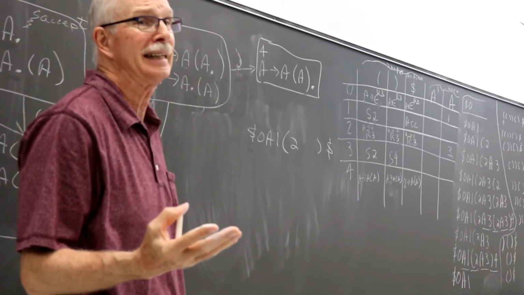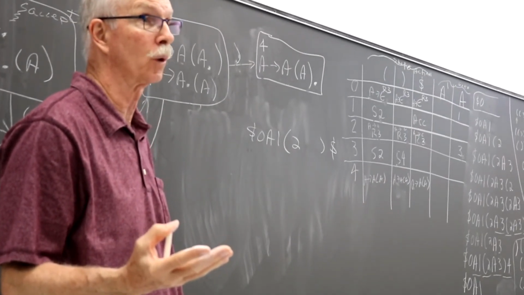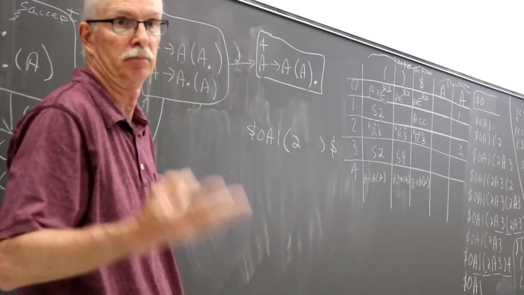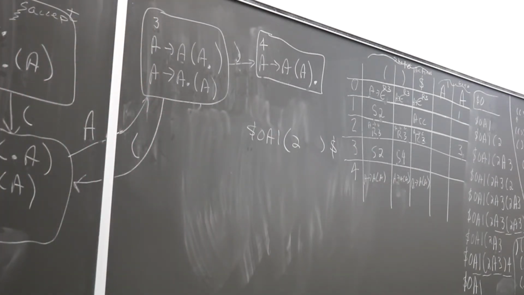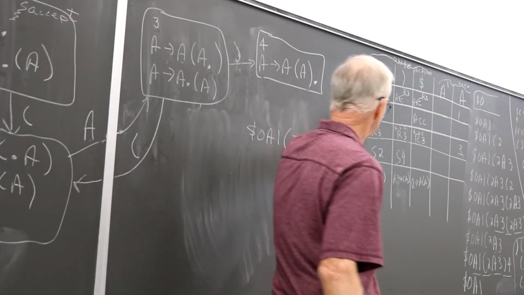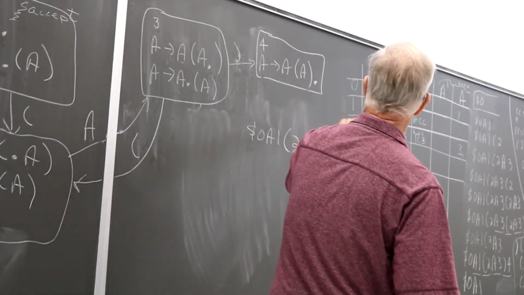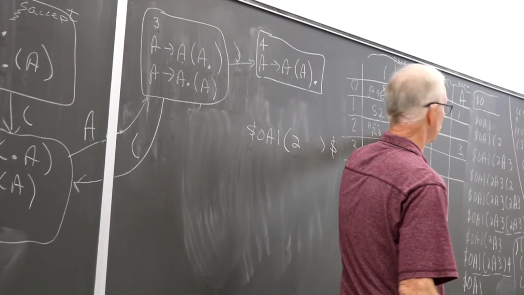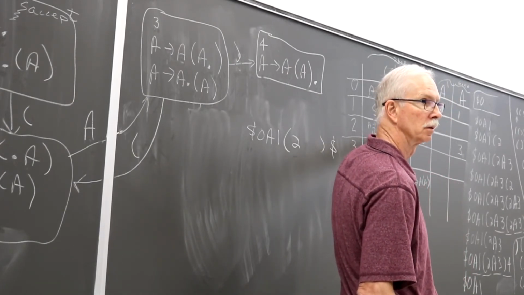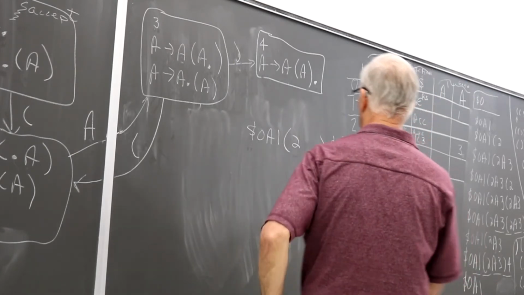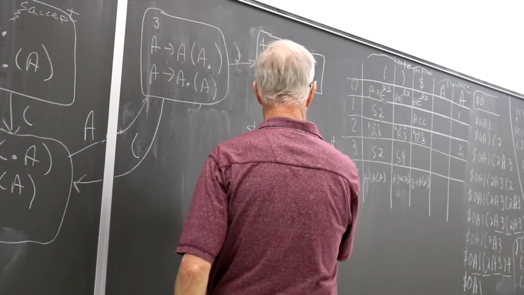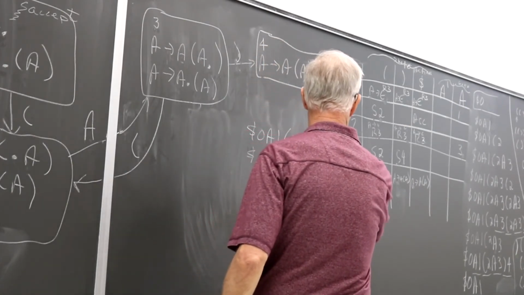It's essentially easy now. All we're really doing is what we're told. Do the table lookup. Do what you're told. 2 right paren. Reduce A goes to empty. Reduce empty to A. So I get $0 A1 paren 2 A right paren dollar.